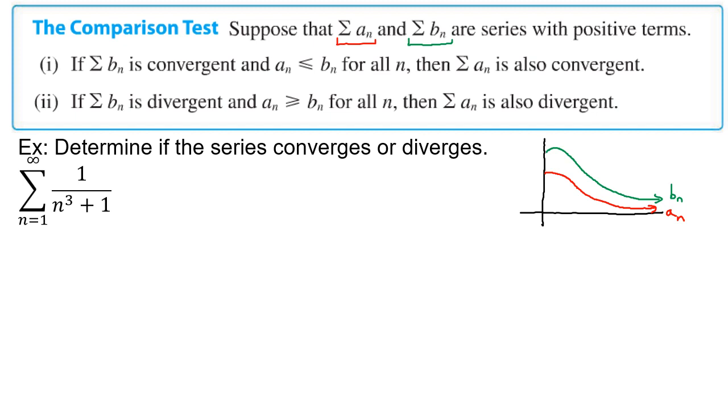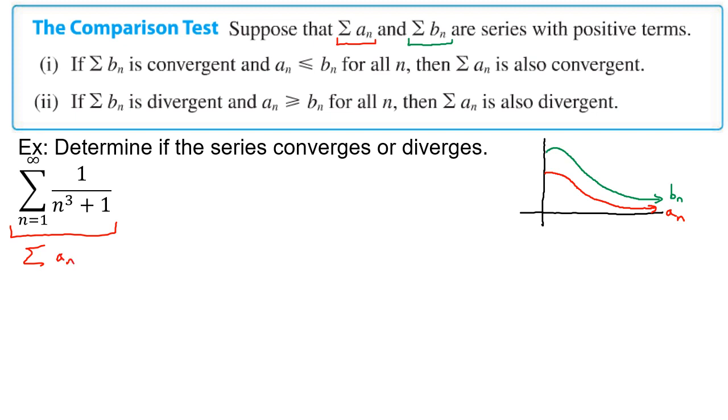Determine if the series converges or diverges, and we're going to do this doing the comparison test. I need to pick a series to compare this to. So the original problem would be your summation for your a sub n.